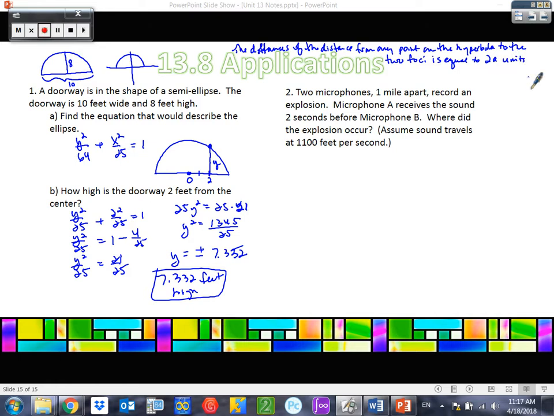A is what we normally talk about, the distance between the center and a vertex of a hyperbola. Now you're like, oh great, what in the world is that? The difference of the distance from any point on the hyperbola to the two foci is equal to 2a units.